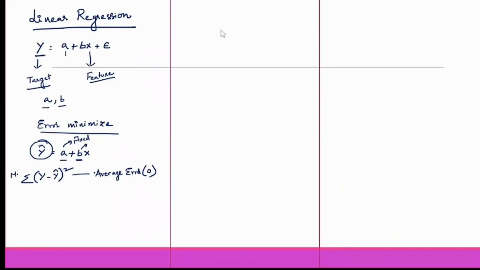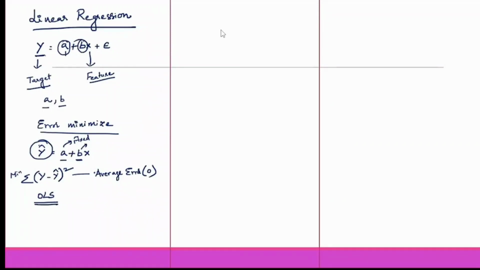This is the standard procedure called ordinary least squares. I would try to minimize this error and find out what the coefficients should be. That is the typical concept of linear regression.